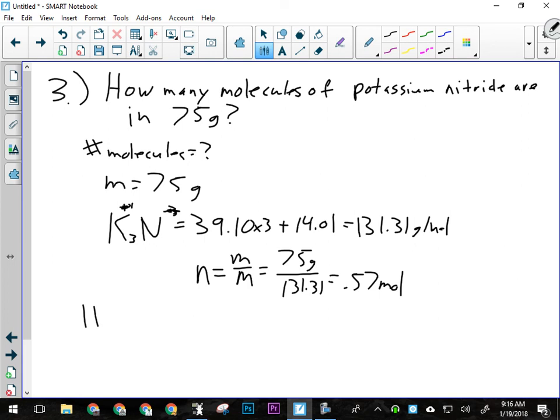So to get the number of molecules, I take the number of moles and I multiply by Avogadro's number, because Avogadro's number is the number of molecules in 1 mole.